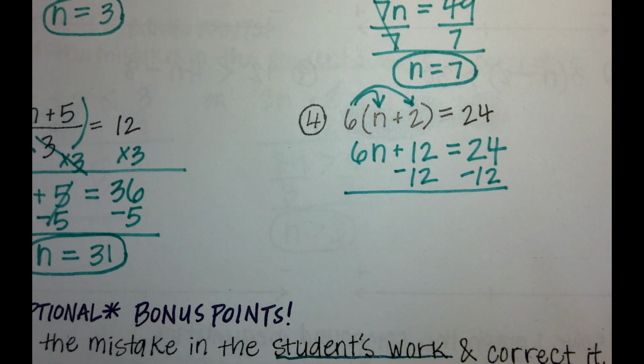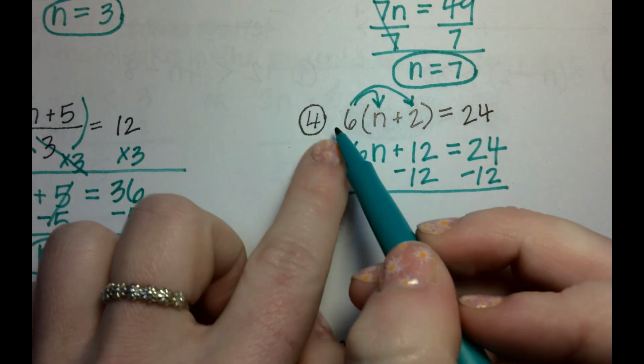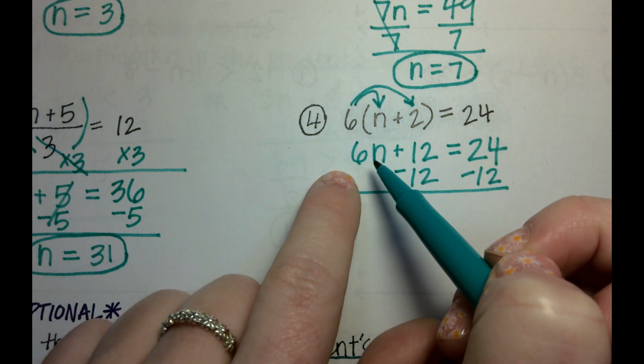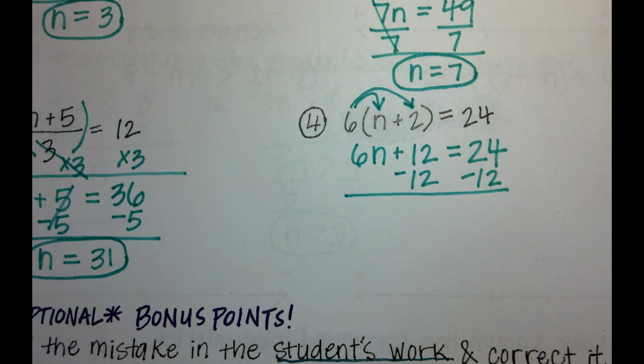Yes. So the only time you flip the number from a positive to a negative is only when your number on the outside is a negative. So if this was a negative 6 on the outside, this would turn into negative 6n minus 12. That's a great question.